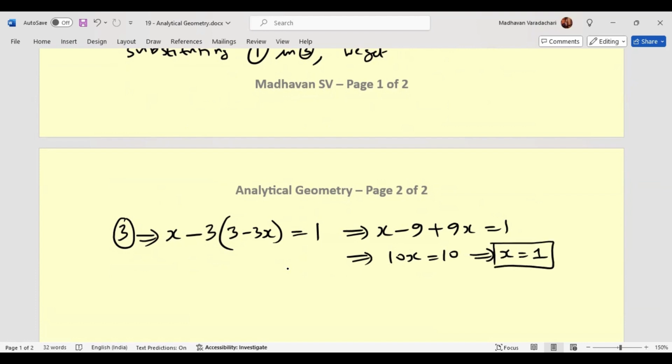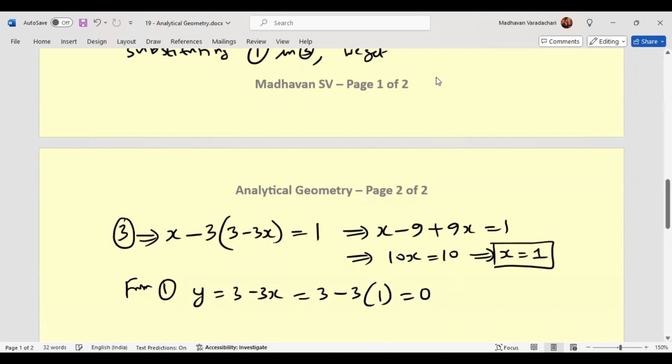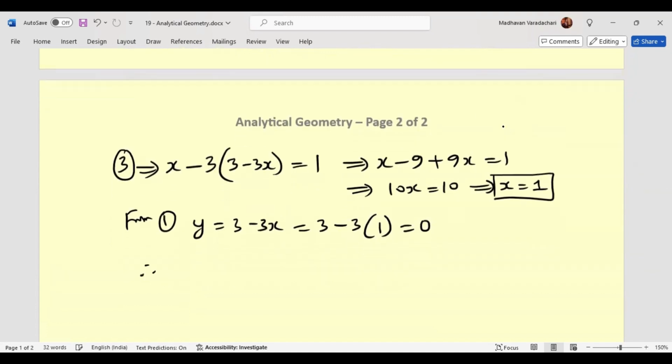So now from 1, y is 3 minus 3x, which is 3 minus 3 times 1, which is 0. So therefore, P x comma y is P 1 comma 0. That is one answer.